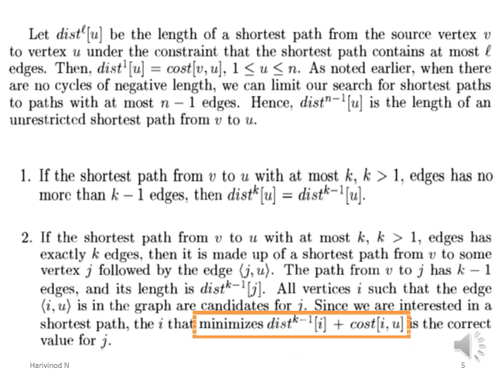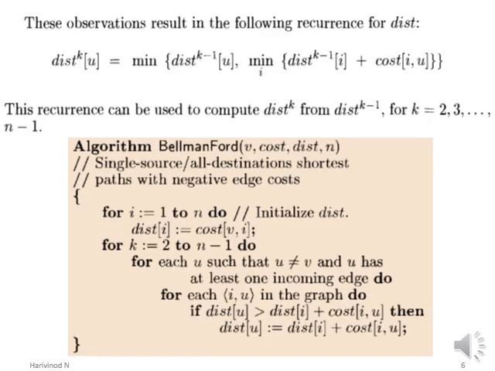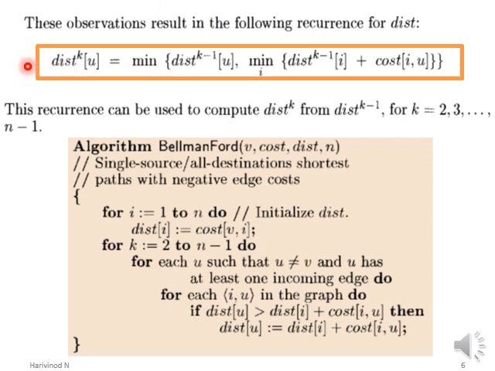So in summary, the recurrence relation is given as dist k of U is equal to the minimum of dist k minus 1 of U, if the distance doesn't contain k number of edges, or it is the minimum of dist k minus 1 of I plus cost I to U. So based upon this recurrence relation, we can come up with the Bellman-Ford algorithm.